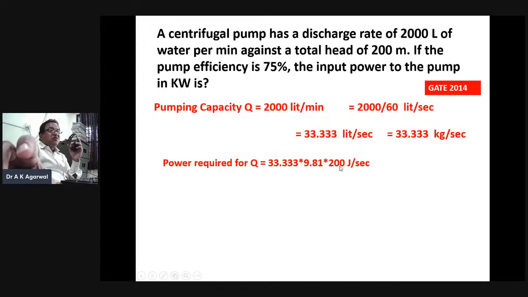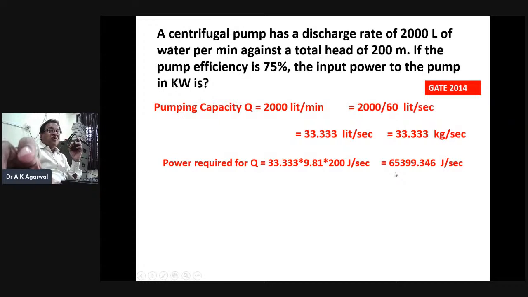Newton meter is joule, and this is per second, so it becomes joule per second. Joule per second is nothing but watts. So 33.33 kg per second into 9.81 into 200, the total height of 200 meters. So this much watt is the power required.